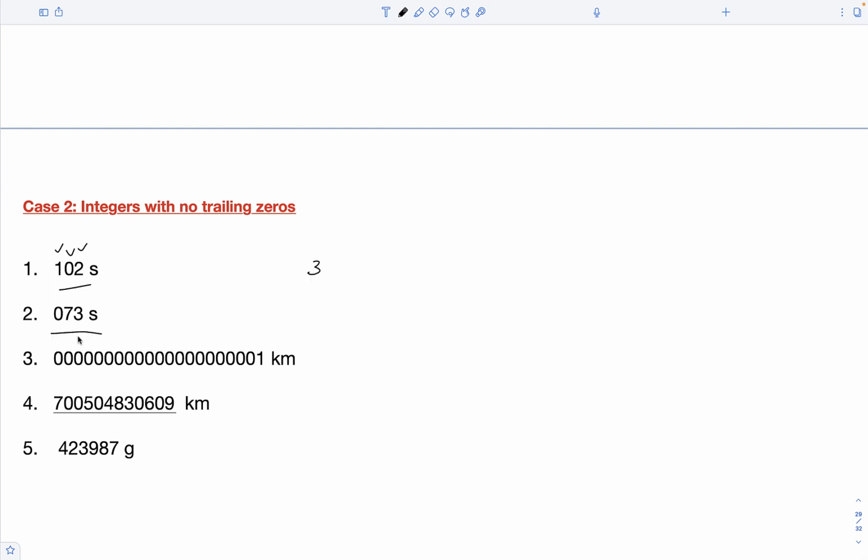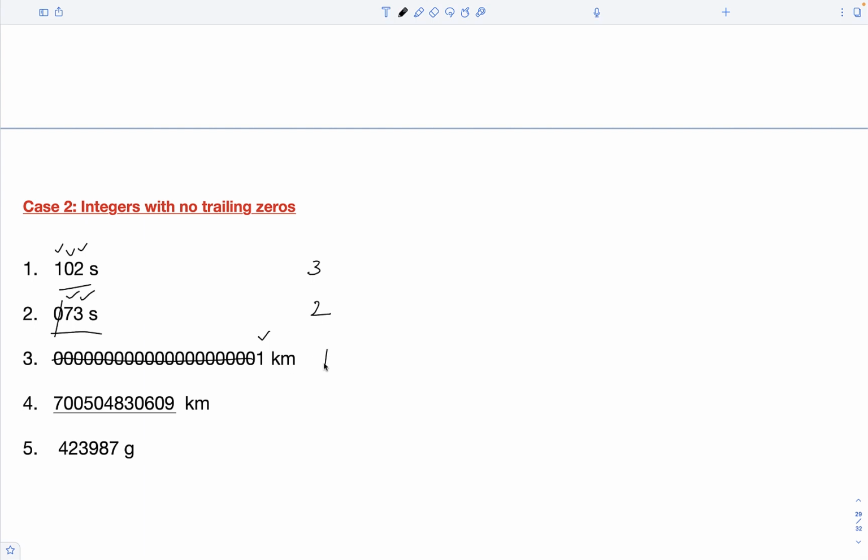And in this example, this leading zero can be dropped because it does not contribute to the magnitude of the measurement. So count the remaining 2 digits that contribute to its magnitude. So the number of significant figures here is 2. And in this example, you can ignore all these leading zeros, and this is the only digit that contributes to its magnitude.